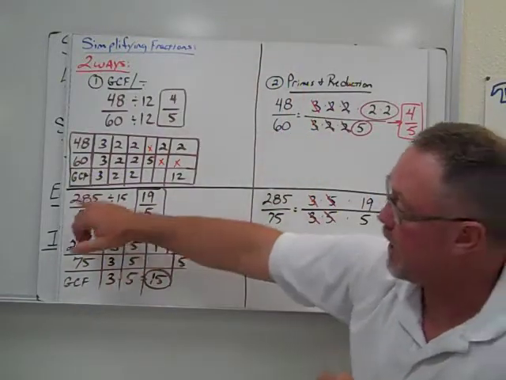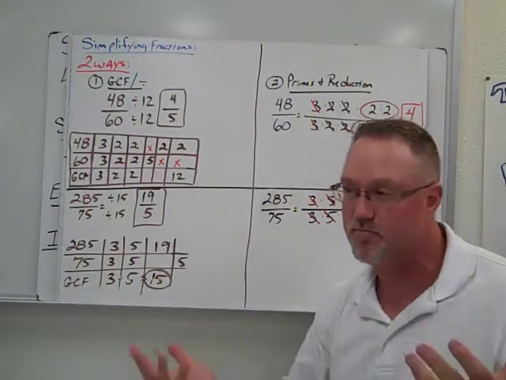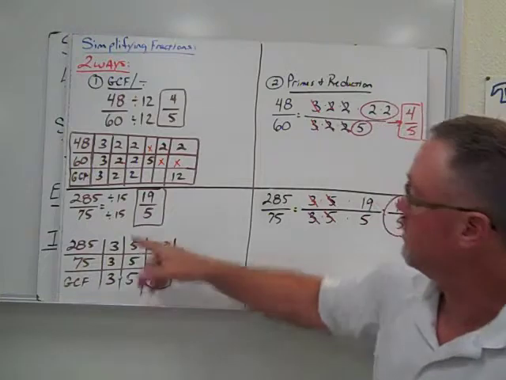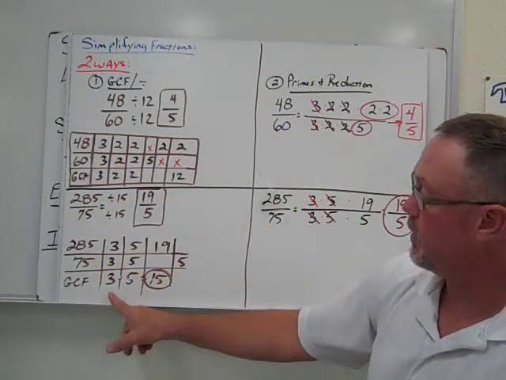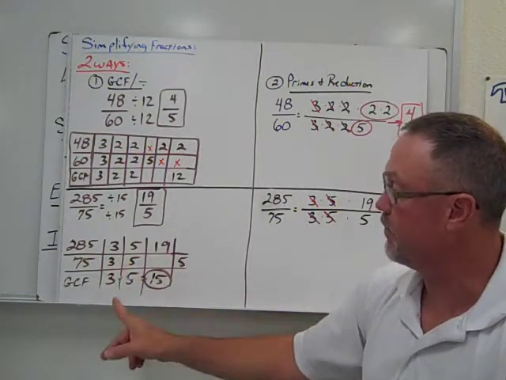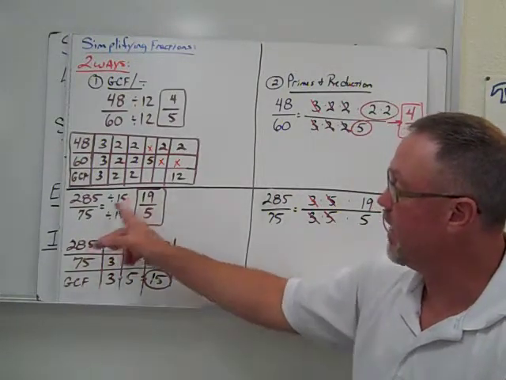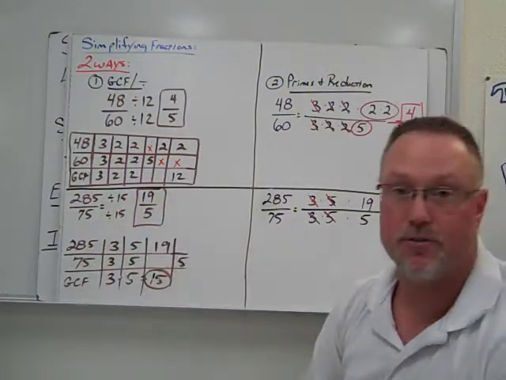So in the bottom fraction, 285 over 75, we have an improper fraction. Leave it as an improper fraction. We found using the grid that our common factor is 15. 3 and 5 were the filled columns. So we divide each of these by 15. When I divide that, I get 19/5.